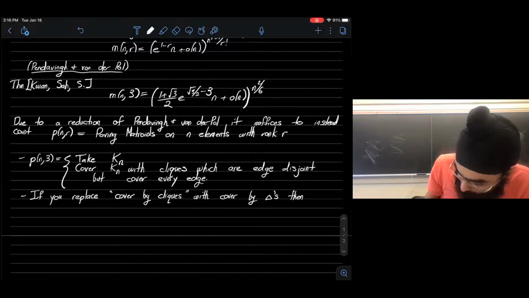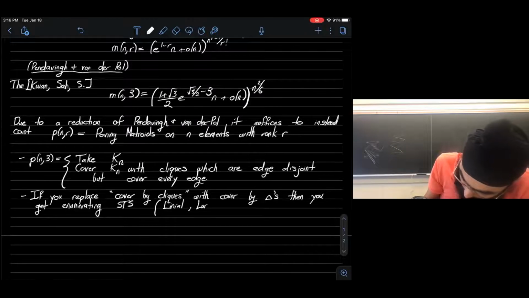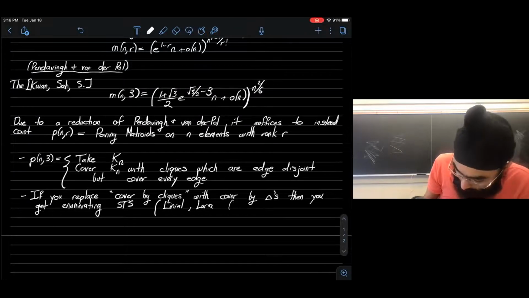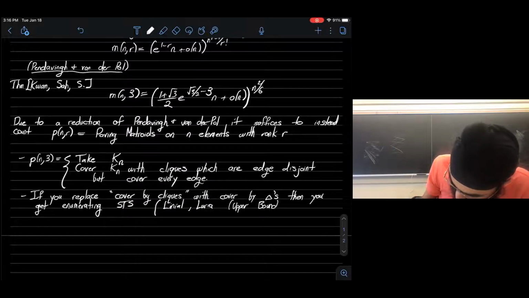The upper bound was done in work of Linial and Luria, and the lower bound is due to Keevash in his breakthrough work.